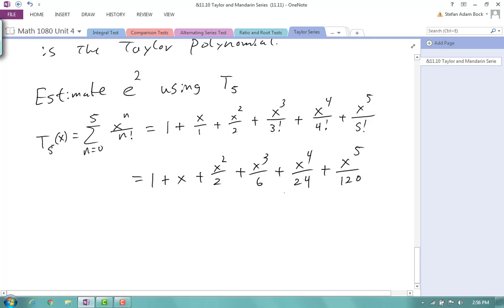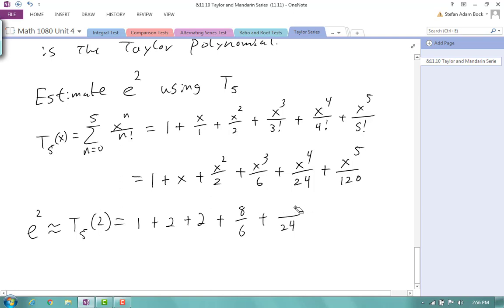It might take a while, but I can do it by hand. So what I would be writing is that e squared is approximately T sub 5 of 2, which is 1 plus 2, plus 4 divided by 2, plus 8 divided by 6, plus 32 divided by 24.